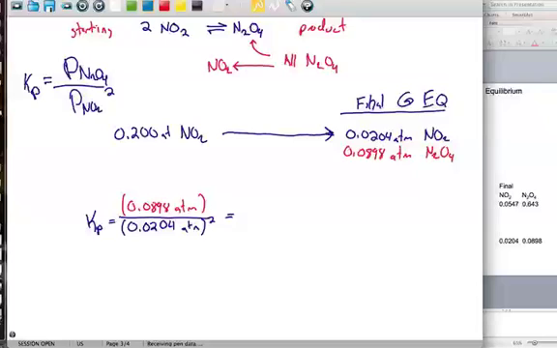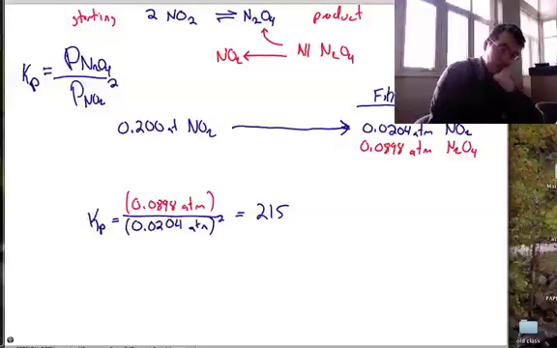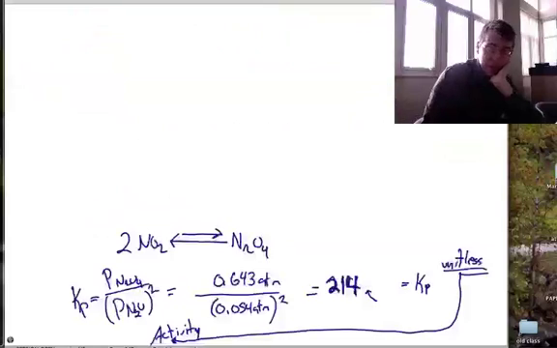And then we can plug that into our handy-dandy calculator. What we see is that we get 215. And if we take a look at our previous example, we see that these two numbers are effectively the same.